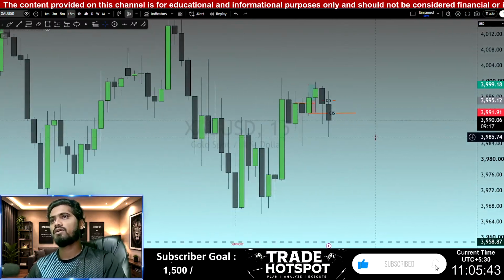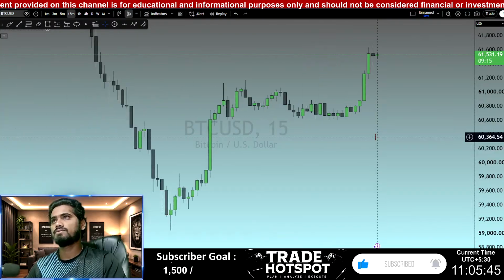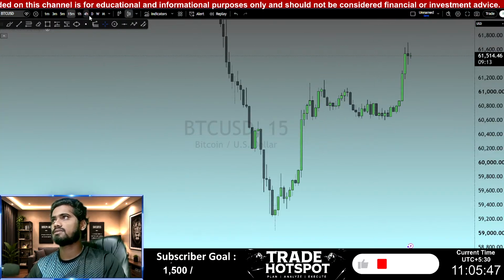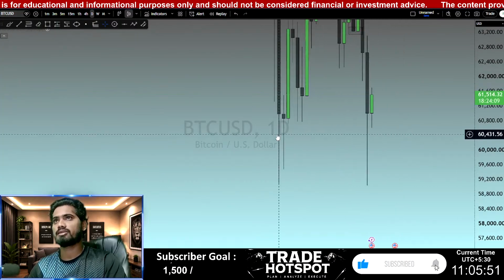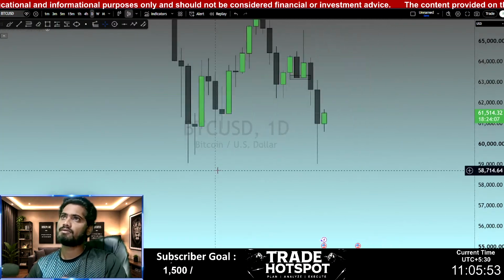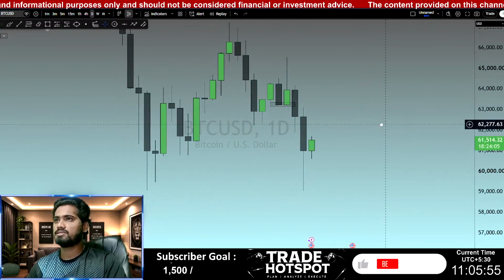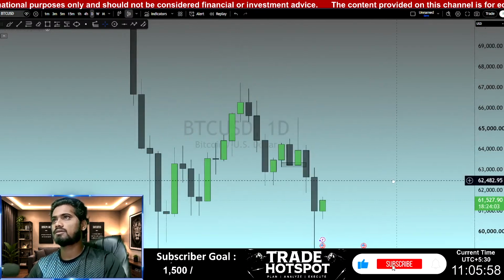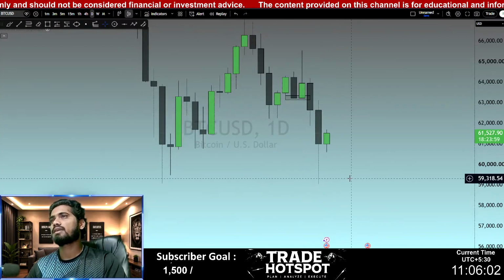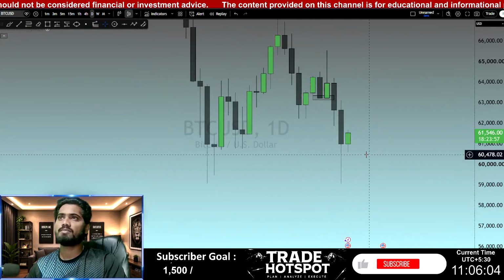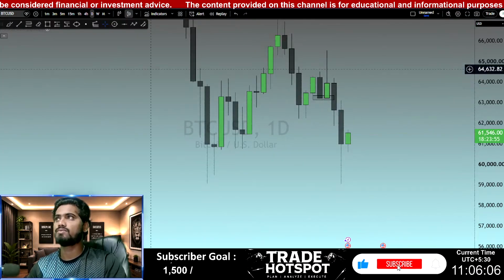We can look into BTC also. So BTC right now, there is a retracement in the BTC after the strong downside move. After that there is some retracement, and again it can be a continuation.